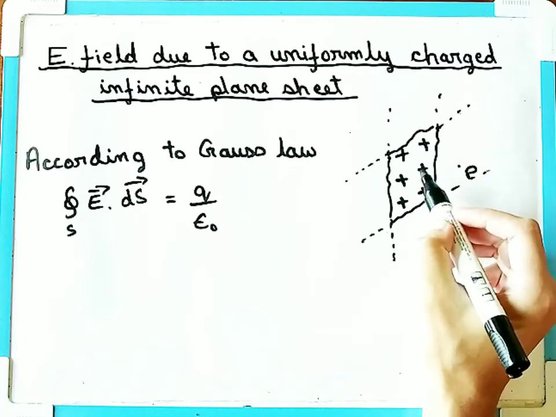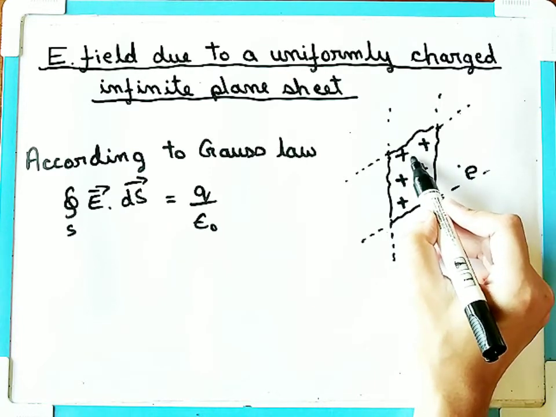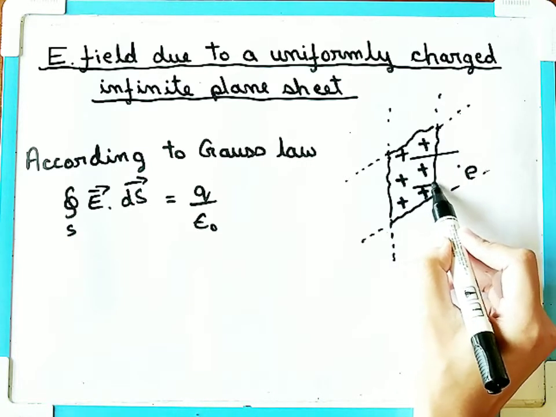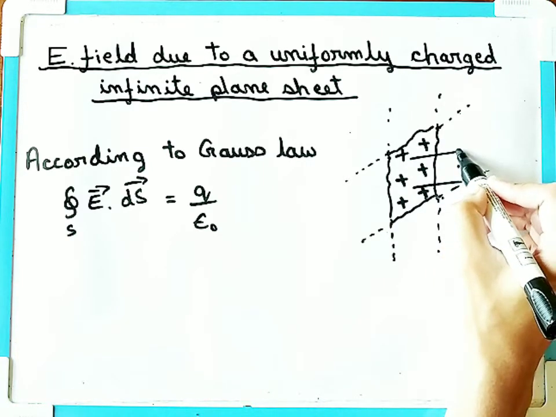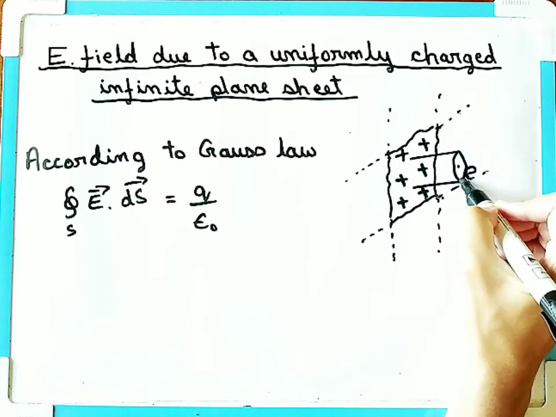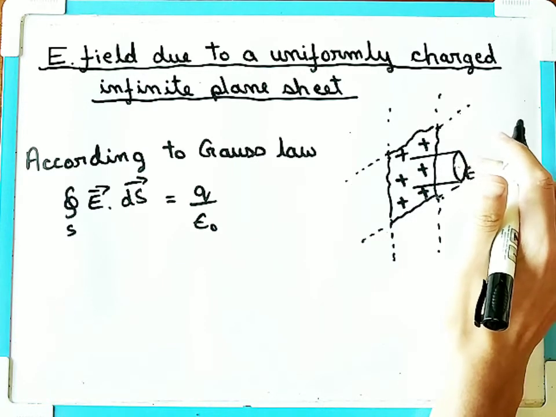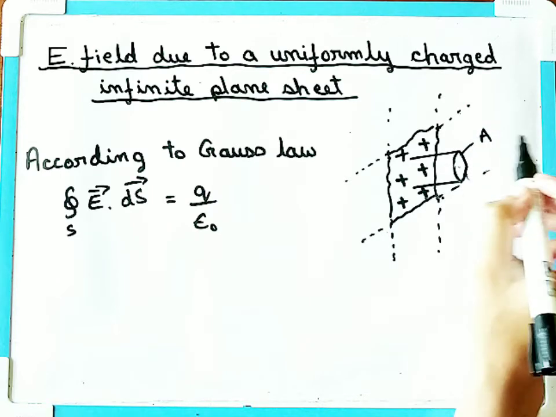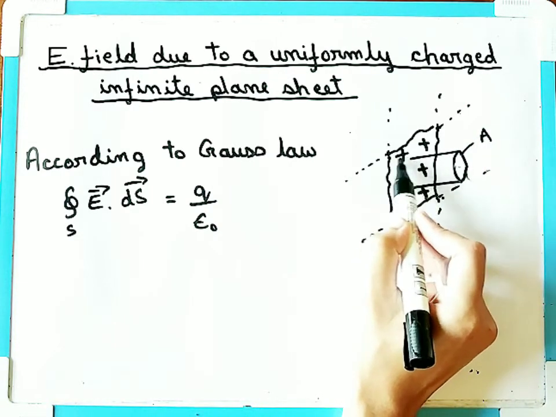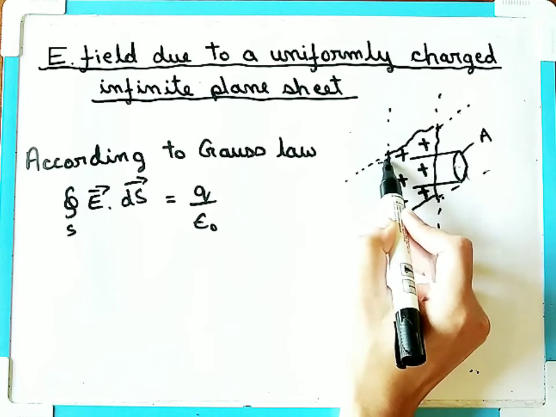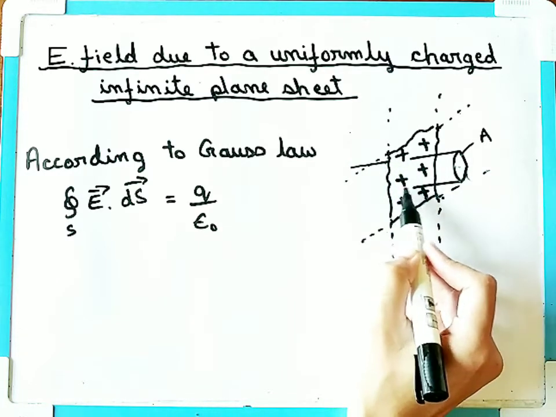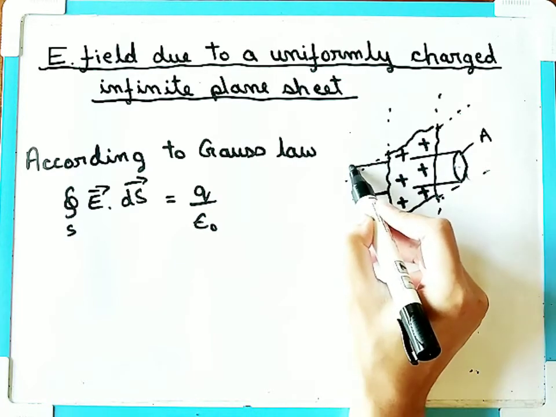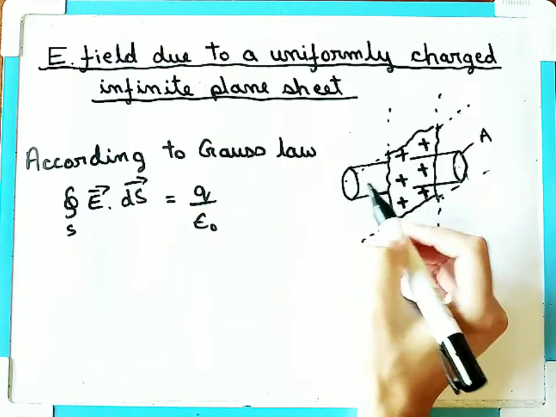So here what we do is we draw a cylindrical body, and this is the end surface A. We extend this one this side, and this is the other end surface A.